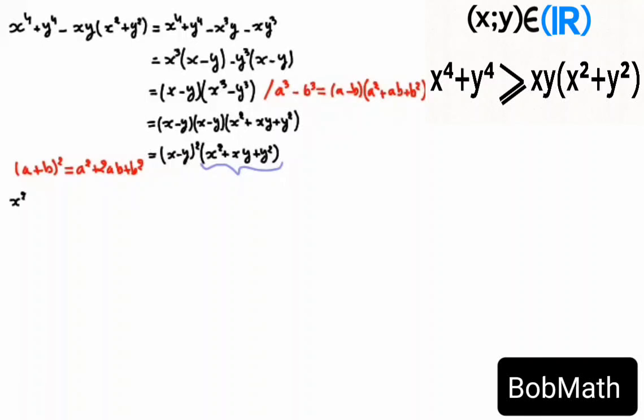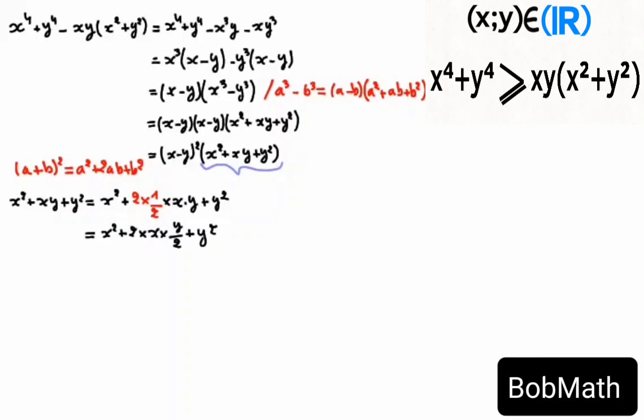So x square plus xy plus y square equals x square plus 2 times 1 divided by 2 times x times y plus y square, equals x square plus 2 times x times y divided by 2 plus y square.